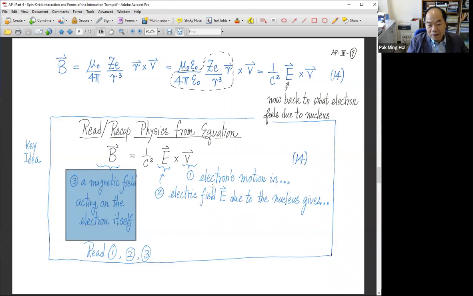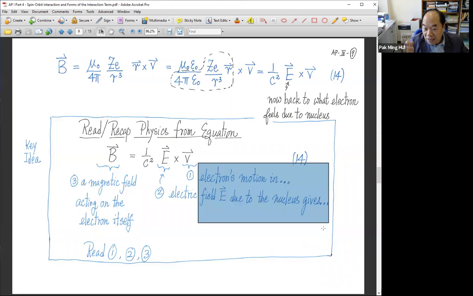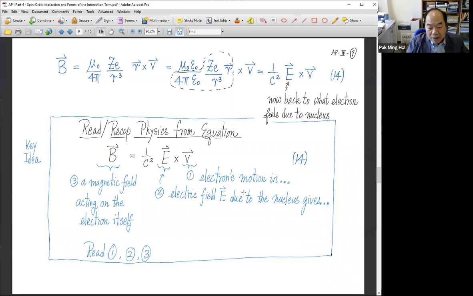It says, the electron's motion, but now it's not moving in free space. It is moving in an electric field due to the nucleus, or due to something else actually at the end, that it also sends a B field. That's the whole story, okay?